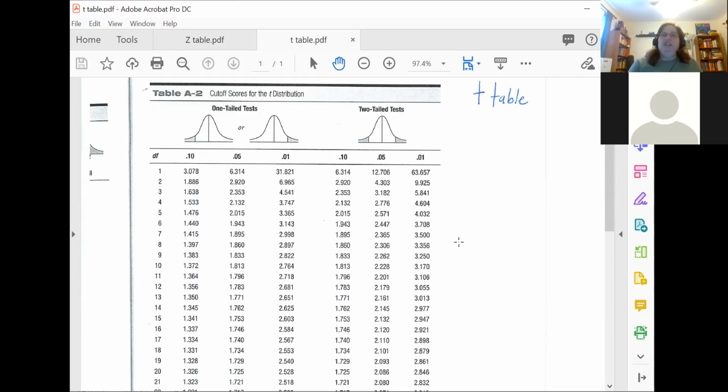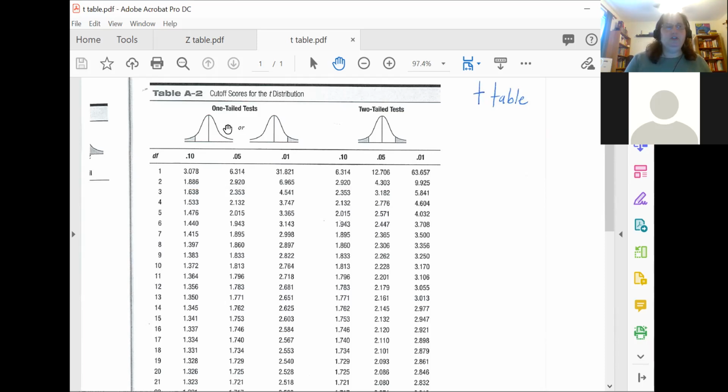Next, what's your DF? Remember, DF does depend on the t-test. If it's a t-test for a single sample or a t-test for dependent samples, it's n-1. If it's a t-test for independent samples, it's sample size 1 plus sample size 2 minus 2.